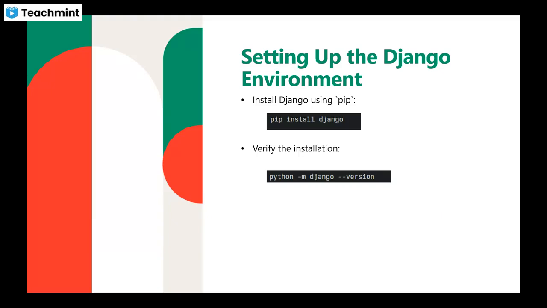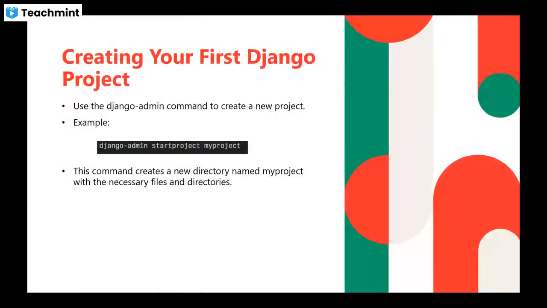Now, to create your first Django project, you use the django-admin command to create a new project. The command is django-admin startproject followed by your project name. Let's create your first Django project using this command.